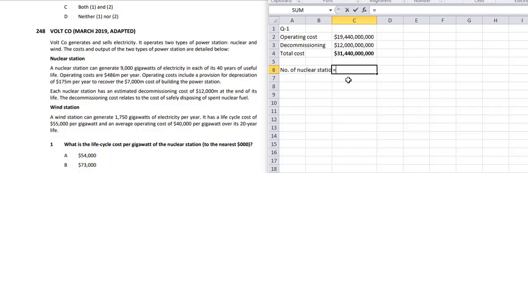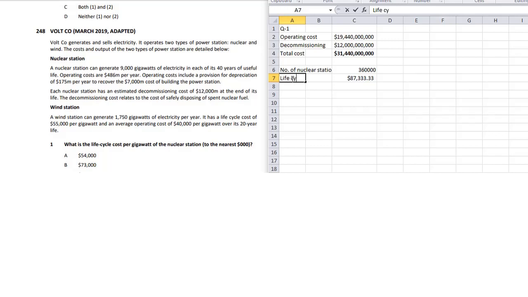The question told us 9,000 gigawatts of electricity in each of 40 years, which means it is for 1 year. So in 1 year 9,000 gigawatts are generated, and in 40 years we have to multiply it by 40. So we got our life cycle cost per unit, per nuclear station.